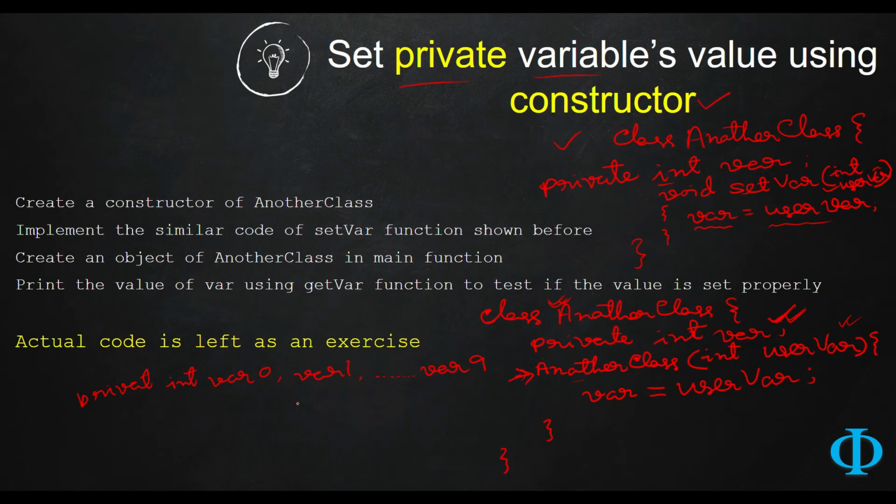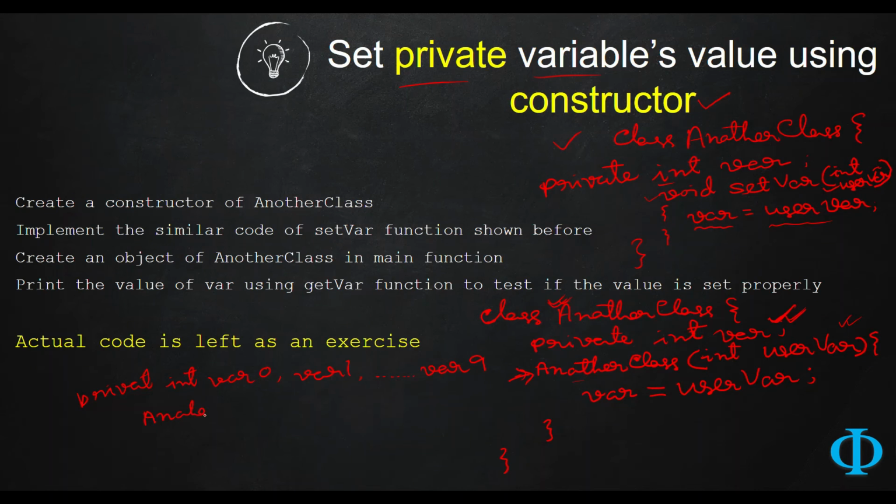And then in order to set them, one way is of course to use set var 0, set var 1, set var 2, set var 3, all the functions. Another way of setting the value is to pass everything inside the parameterized constructor.